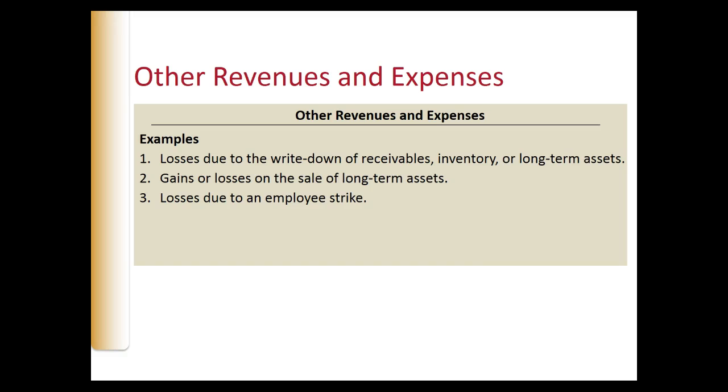The sale of a Nike store, manufacturing plant, or distribution center to another company would not be recorded as discontinued operations, but the gain or loss on the sale would be included as other revenue and expenses, just below operating expenses in the income statement.